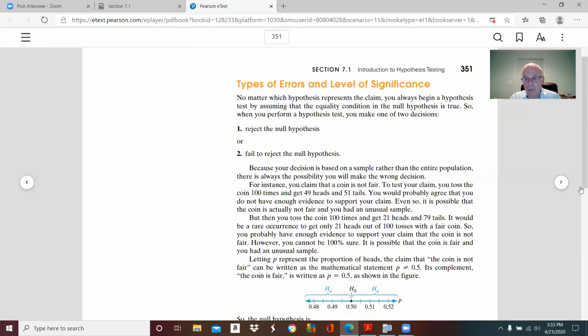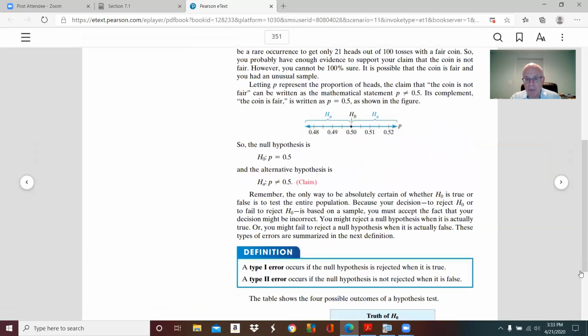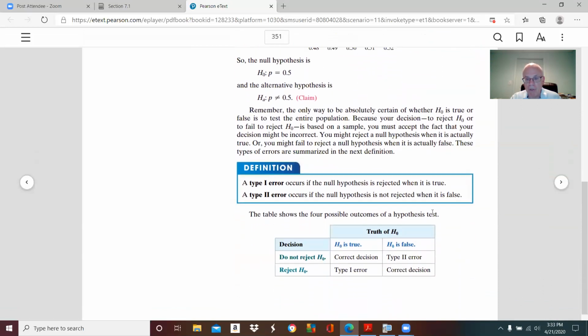And in statistics, they actually classify these two types of errors. And they come up with this table to represent it. The first type of error was the one where the person has been found guilty but was not really guilty. In other words, they rejected the null hypothesized assumption of innocence, and yet the person was really innocent.